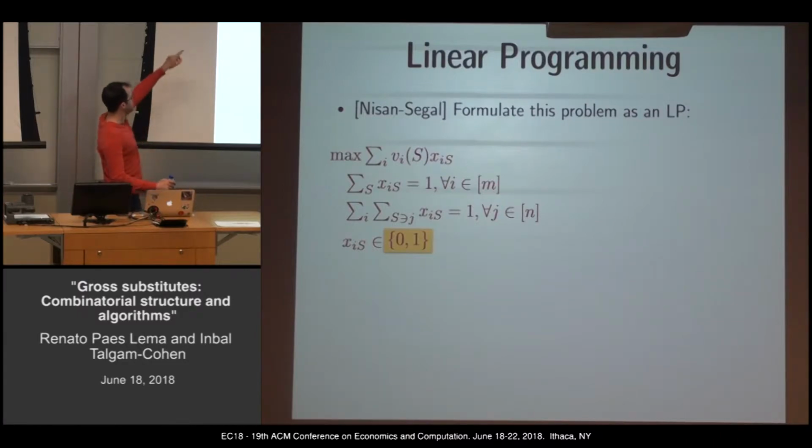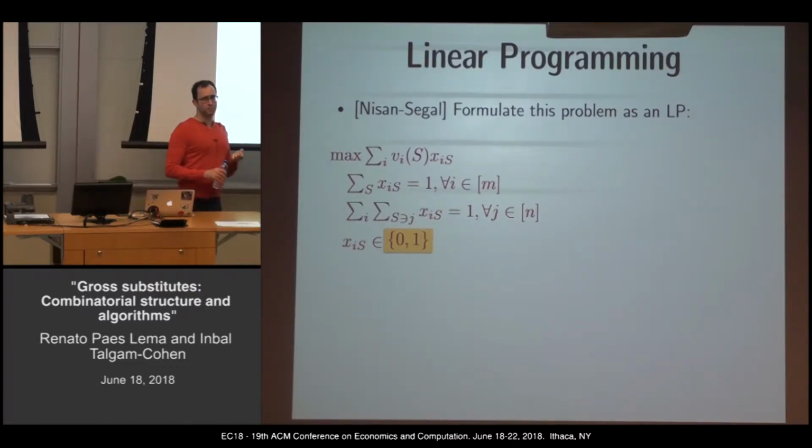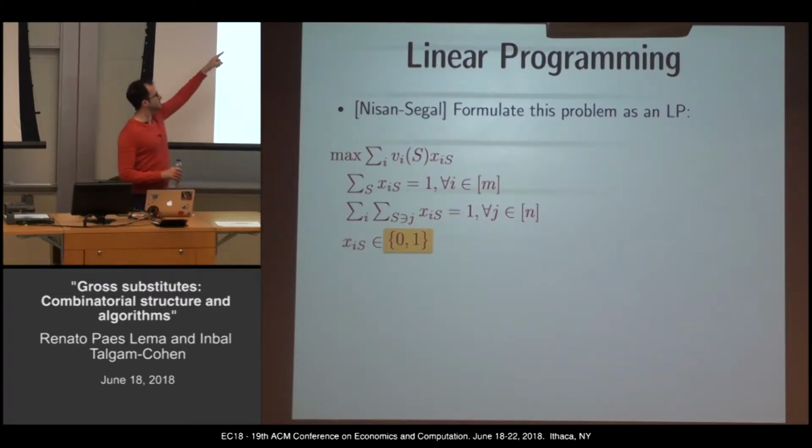And you just want to maximize the value that everyone gets from the system, so maximize the value that i gets from S if i gets S. The constraints you need to impose: first, every buyer gets at most one bundle. The second condition is that every item needs to be sold only once. So for every item j, the sum of x_iS over buyers and bundles S containing j should be 1. And x_iS should be integral.